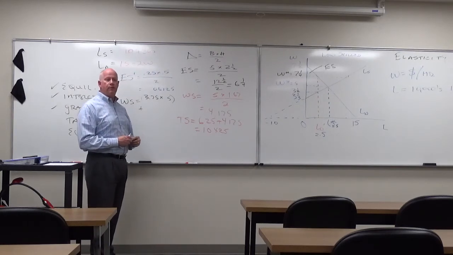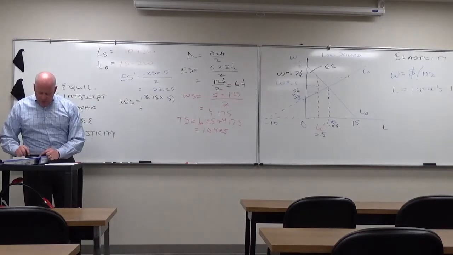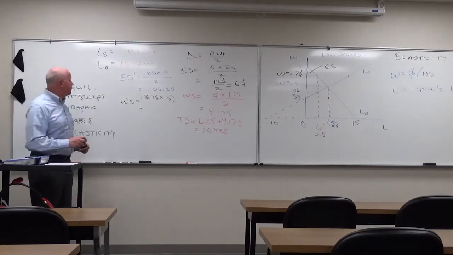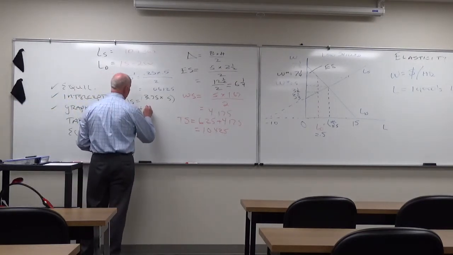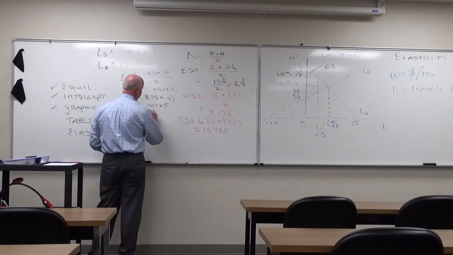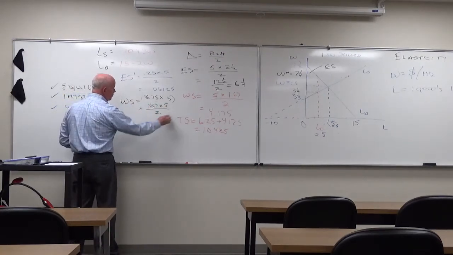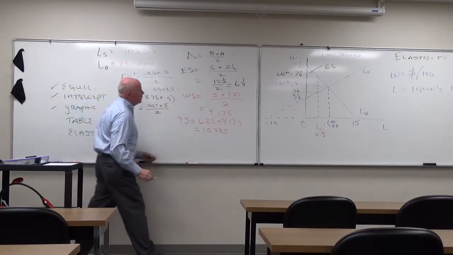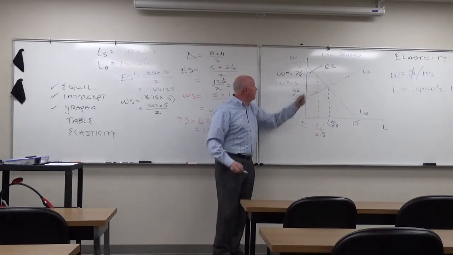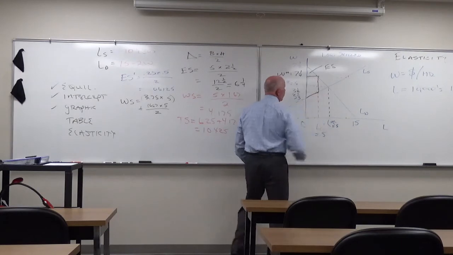Is that correct? So 1 divided by 6, so 0.1667. So 0.1667 times 0.5 divided by 2. This will be our triangle, this will be our rectangle, and the sum of them gives us our worker surplus.